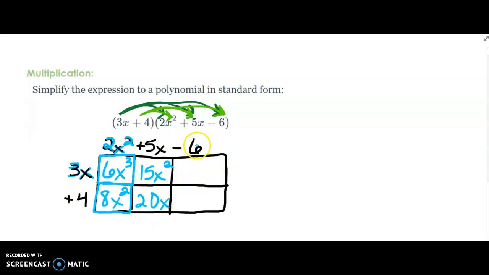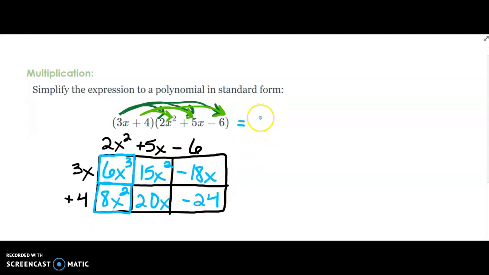And then we'll finish off the last two. Negative 6 times 3x is negative 18x. Negative 6 times 4 is negative 24. My answer, what I get when I multiply these two polynomials together, is everything that's inside of my area model. And so I'm just going to literally pull out every single box that I just did.